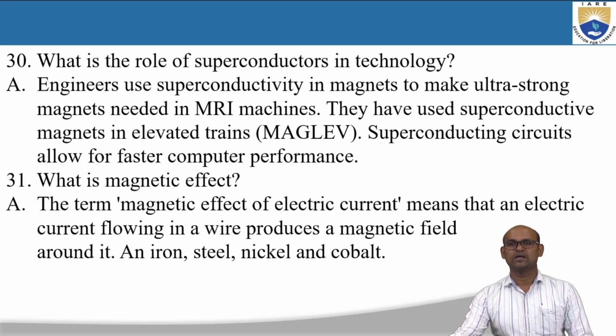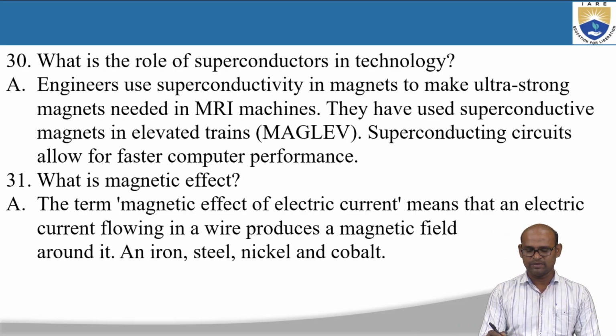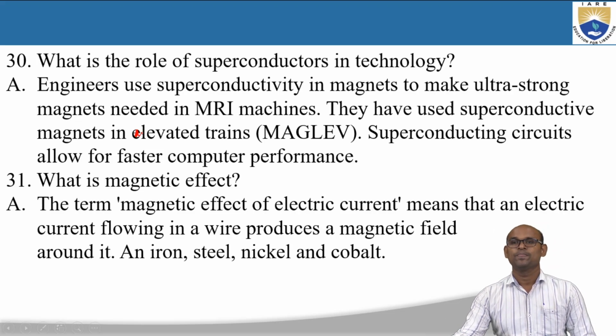What is the role of superconductors in technology? Engineers use superconductivity in magnets to make the ultra strong magnets needed in MRI machines. They have used superconducting magnets in levitated trains, maglev trains. Superconducting circuits allow for fast computer performance.